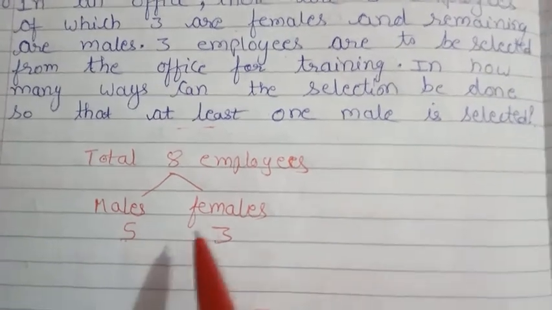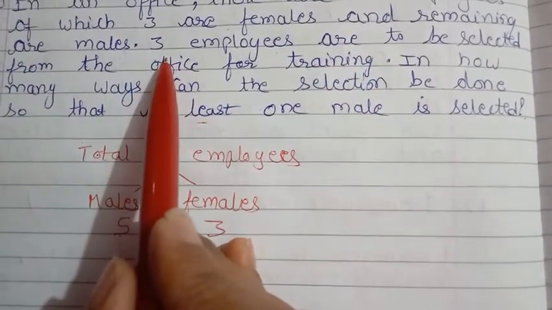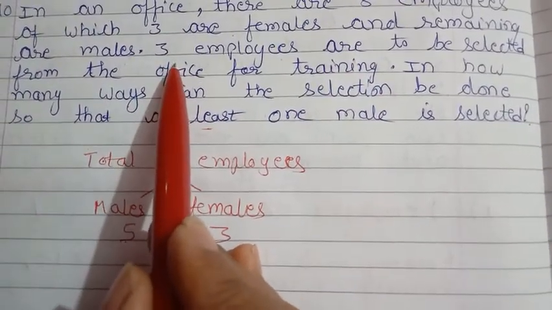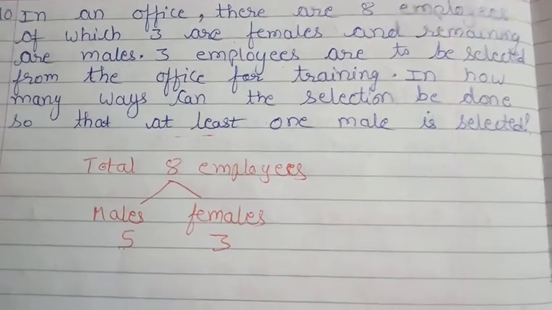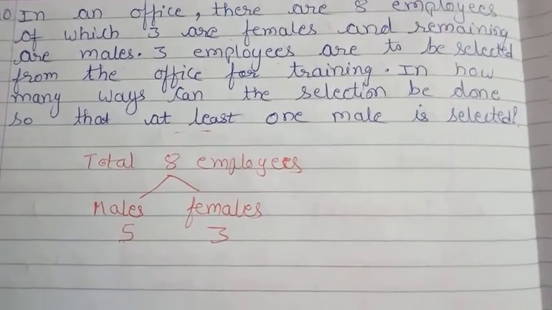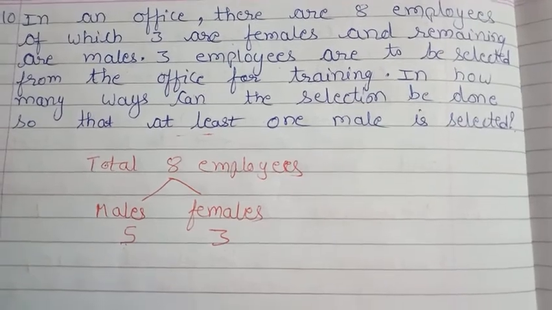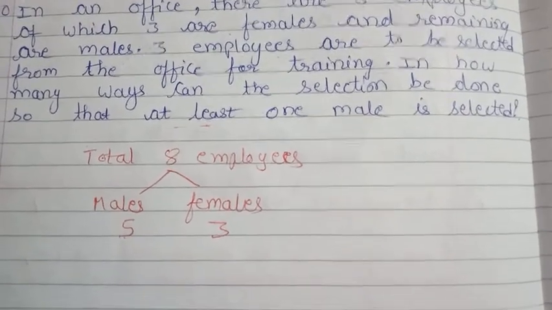So at least one male is there, at least minimum one male is there. Maximum they have not told, so maximum it can be whatever the employees to be selected. Minimum one male should be there, minimum it is 1. It can be 2, it can be 3, right?